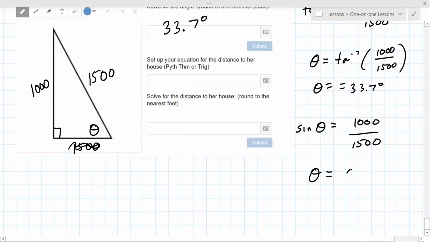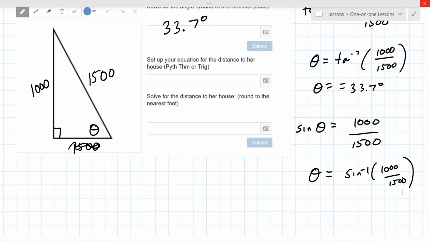Theta equals sine inverse 1,000 over 1,500. So I get 41.8 for that. Does that work? Yeah. Okay, great.